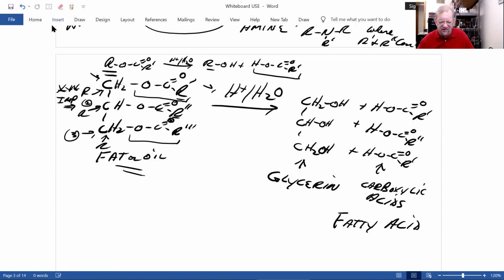And fatty acids are carboxylic acids that come from the acid hydrolysis of fats and oils, these. And glycerin is also made. That's the alcohol when you hydrolyze the three esters. And your body actually makes glycerin and carboxylic acids.